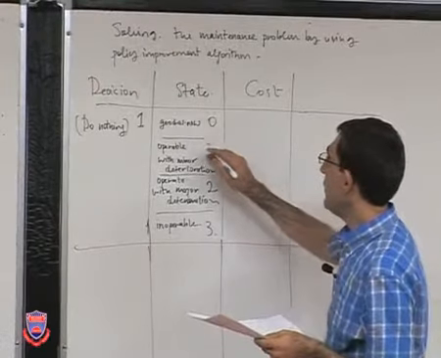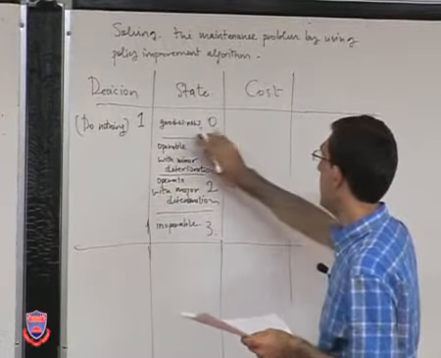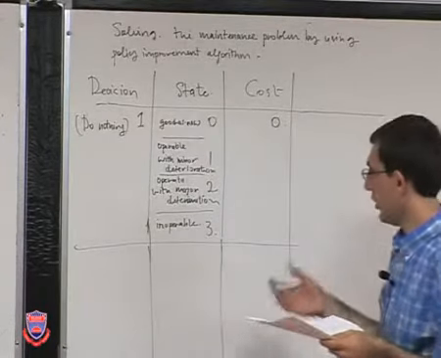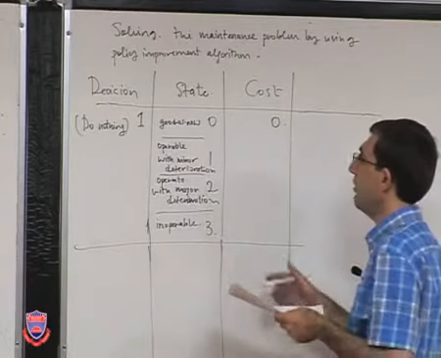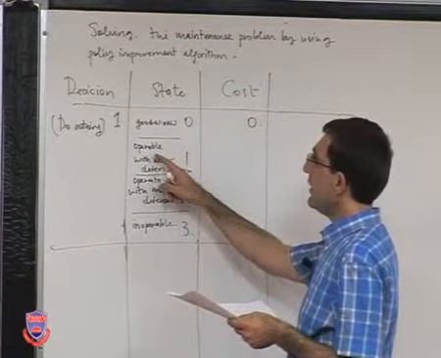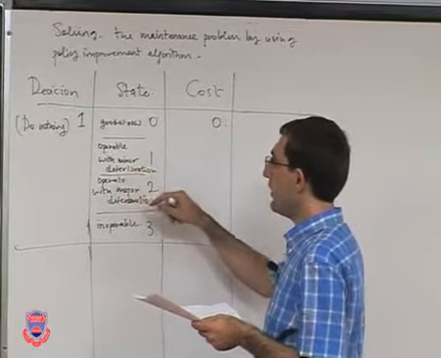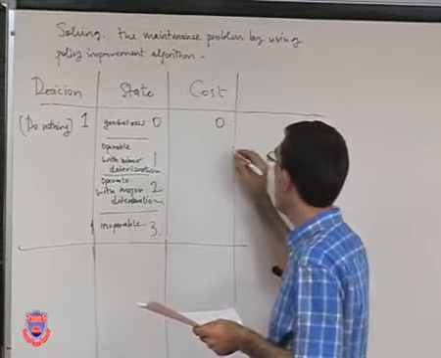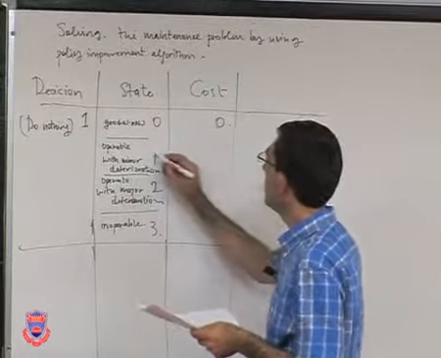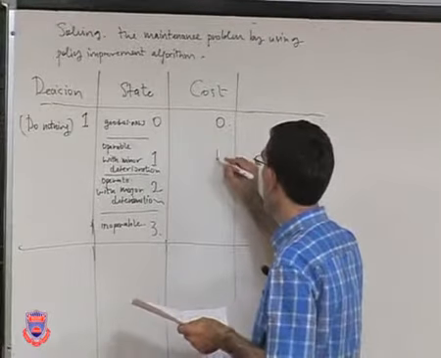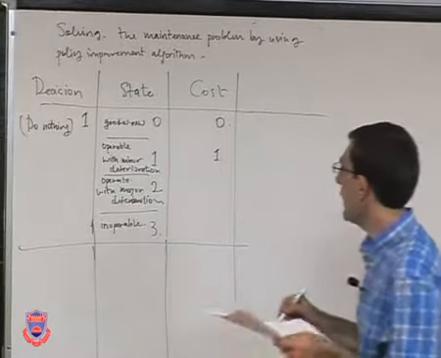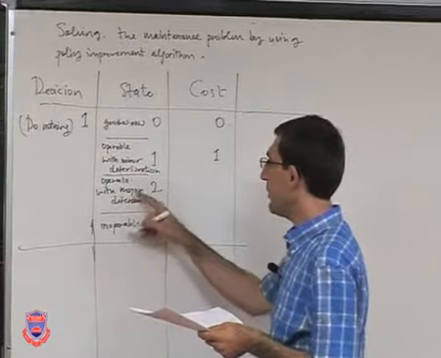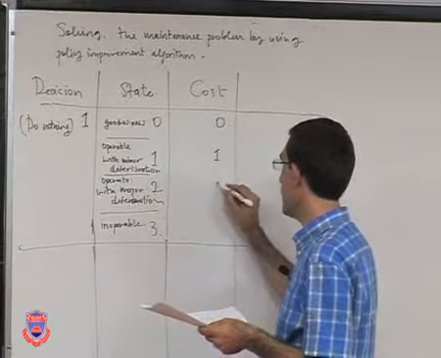And if you do nothing, and if the machine is good as new, there is no cost associated with it, right? And if the machine is operable with minor deterioration, then you pay for the cost of defective production, which was about $1,000. And if it is operable but with major deterioration, the cost was $3,000.